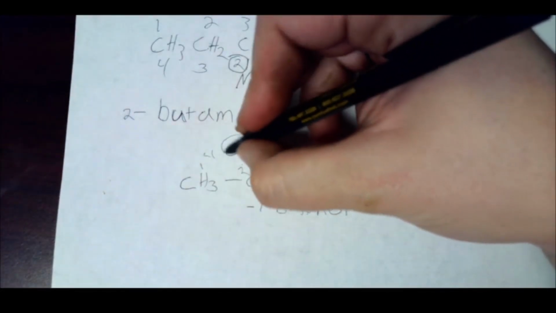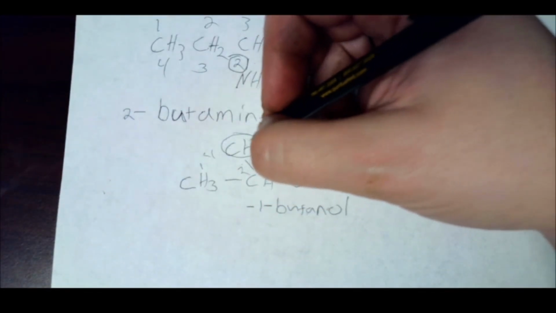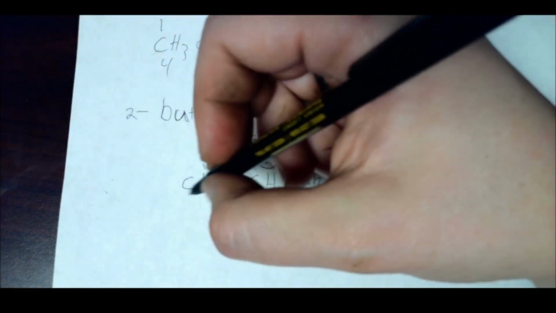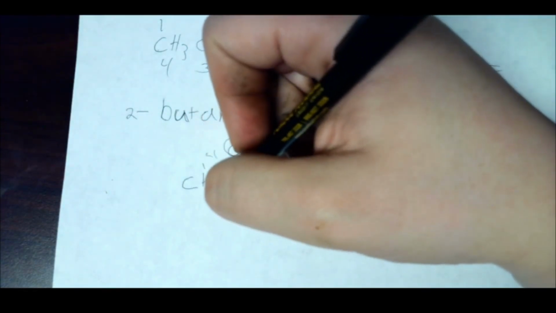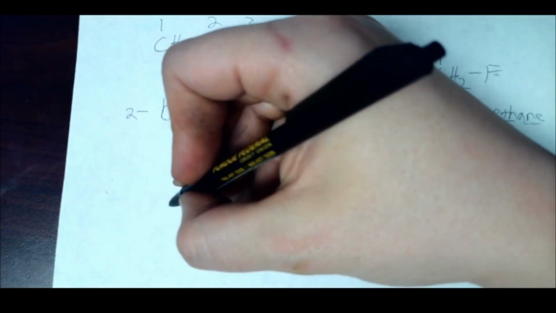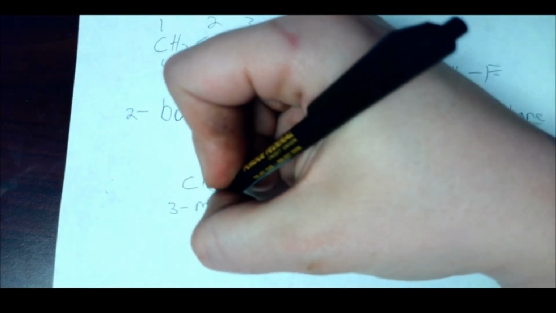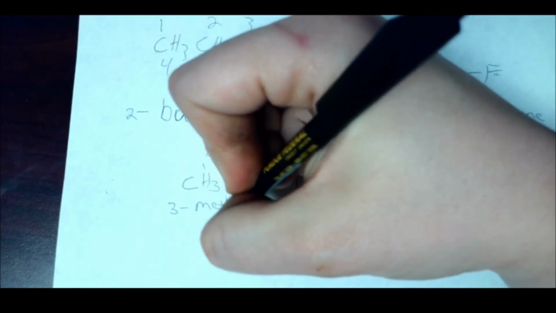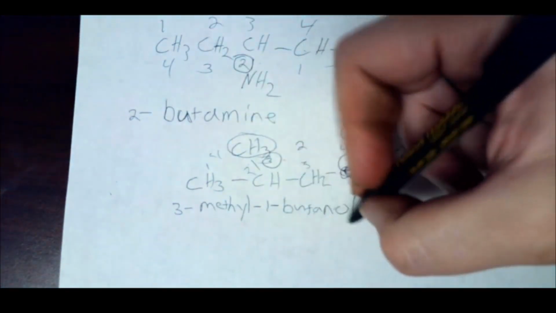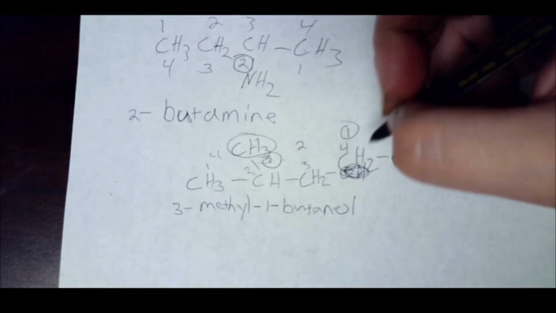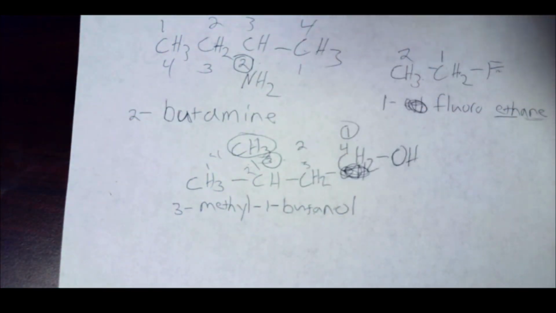But notice this 1-carbon group is coming off the 3 position. So we have to specify that. We have to name it 3-methyl-1-butanol. Anyone who studied IUPAC can instantly picture what this molecule is. 3-methyl-1-butanol.